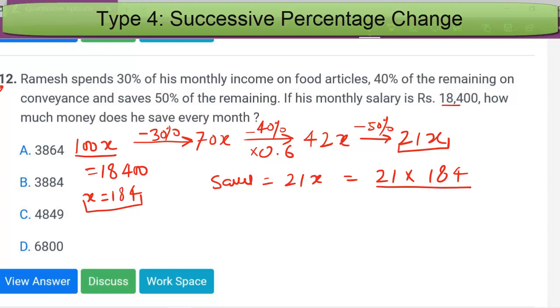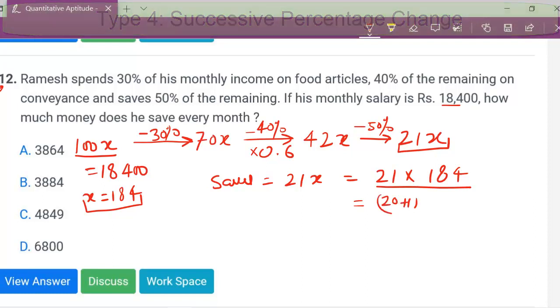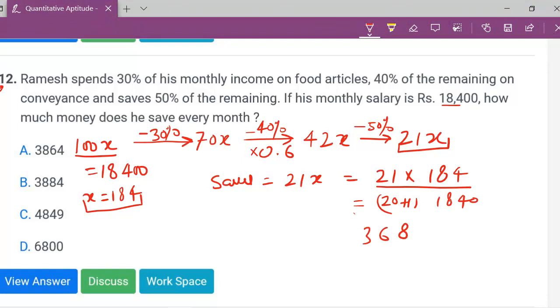If you multiply 184 by 20, in order to multiply it quicker, you can use 20 plus 1 multiplied by 184, so your answer will be 3864. So option A is correct.